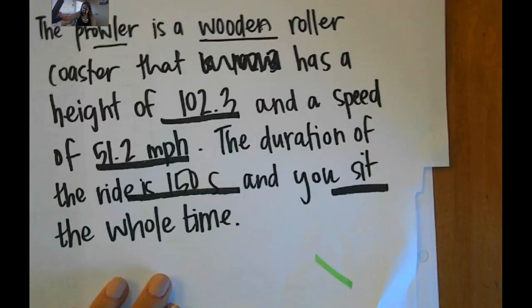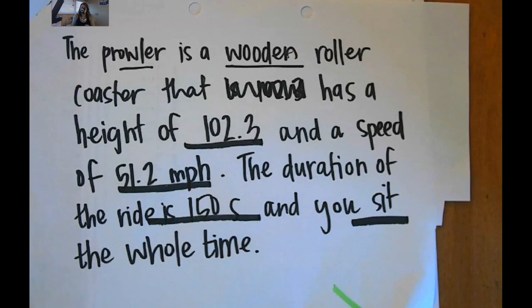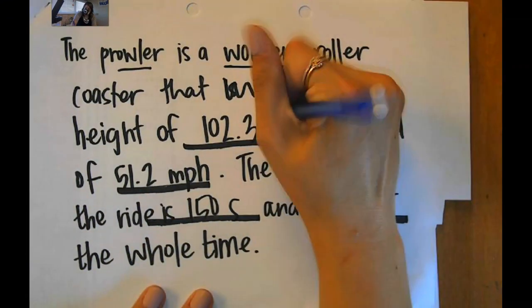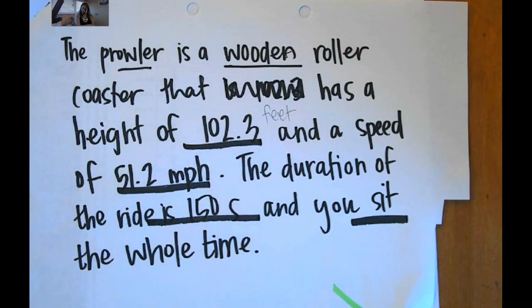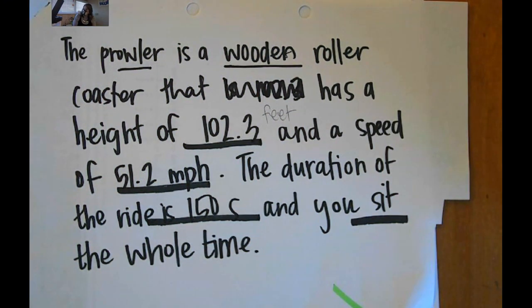So I wrote, the Prowler is a wooden roller coaster that has a height of 102.3, I forgot to write feet, and a speed of 51.2 miles per hour. The duration of the ride is 150 seconds and you sit the whole time.